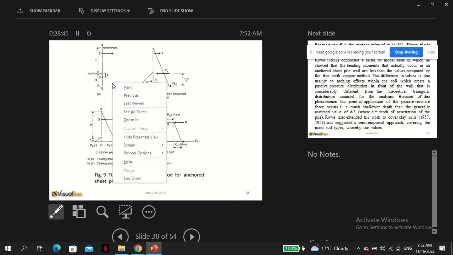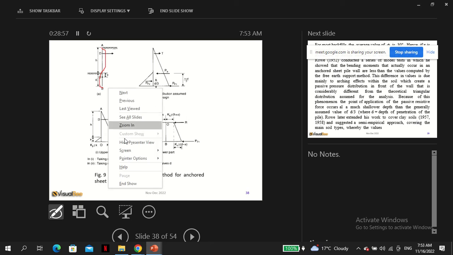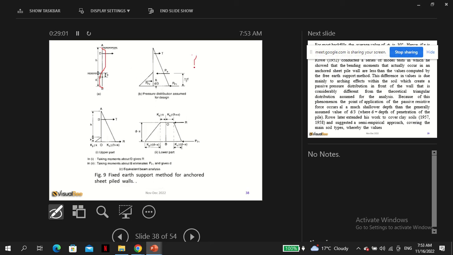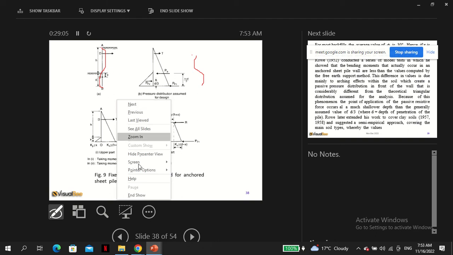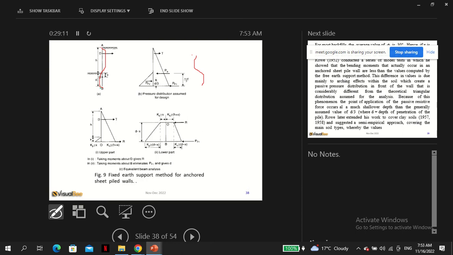Point of contraflexure means that the wall can do this, or this is a point that, that is the point of contraflexure there, or the wall can do this.